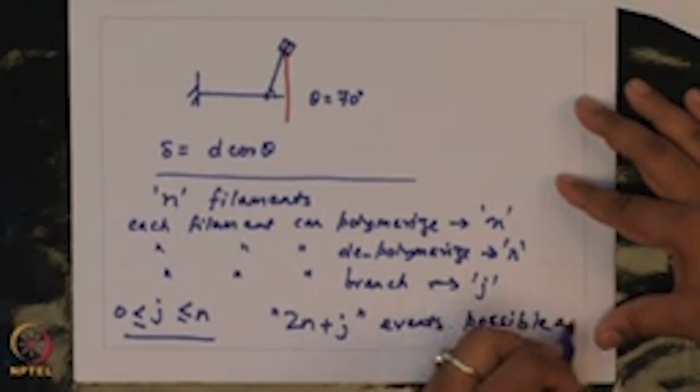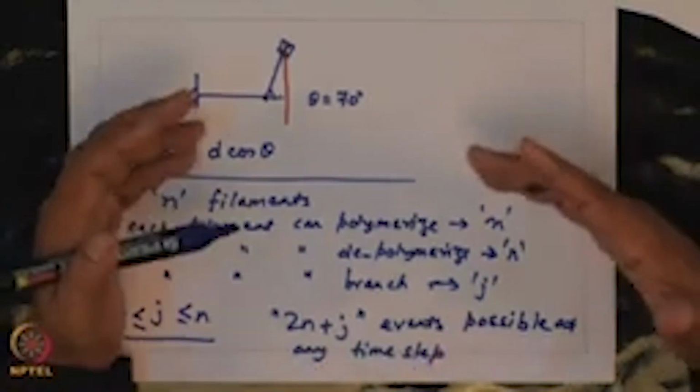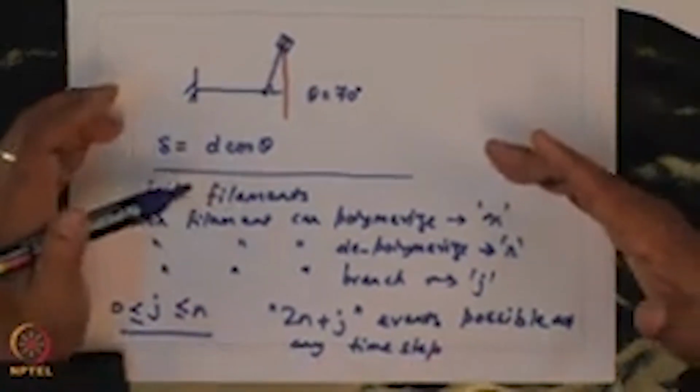Possible at any time step. In Monte Carlo, at any time step you only fire or trigger one of the events. So, at any time step you can have a polymerization event, a depolymerization event, or a branching event. So, you can find out what is the probability.